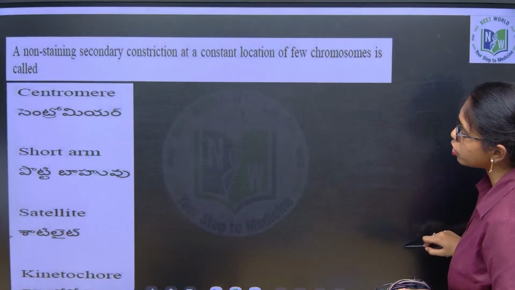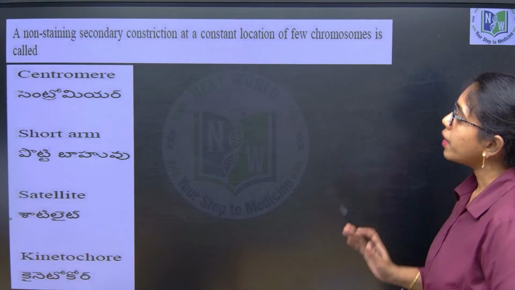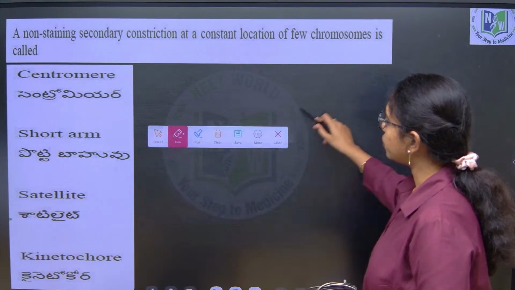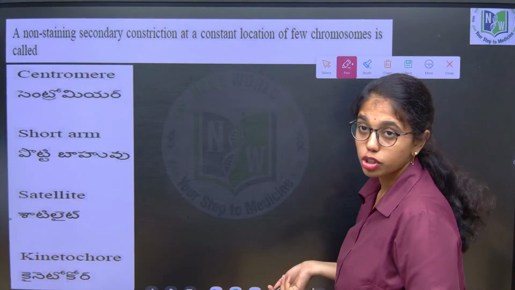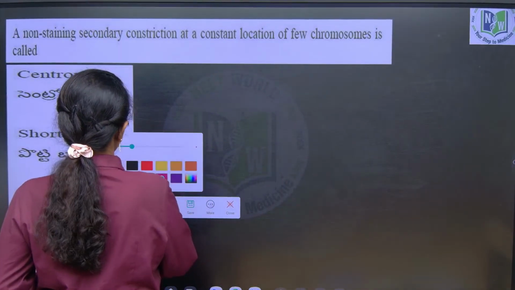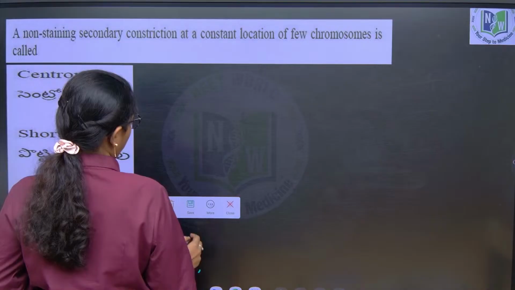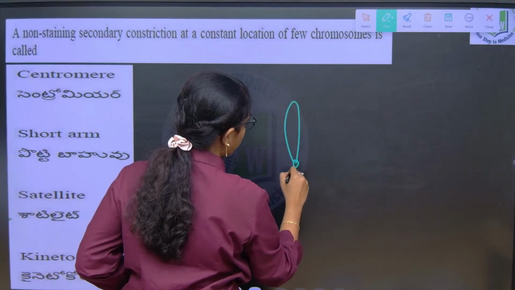Now next. Yes, this is also a previous year asked AP EAPCET question. A non-staining secondary constriction at a constant location of a few chromosomes is called what? Now here we have to look into the chromosome structure. Just look at it properly.